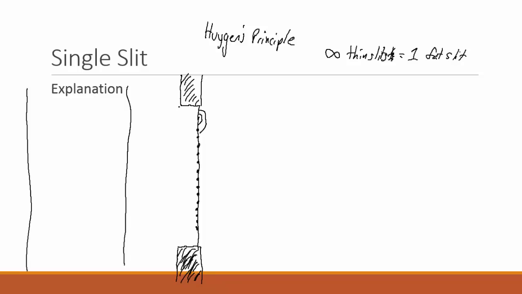So if we talk about a slit of some width, and notice before we never talked about the width of a slit because we assumed it was so small that all the light was coming from basically 1 spot and it didn't matter. But here we'll talk about cases where that's not true, and we'll call the width of the slit a. Then that'll act like an infinite number of wave sources spread out like that.